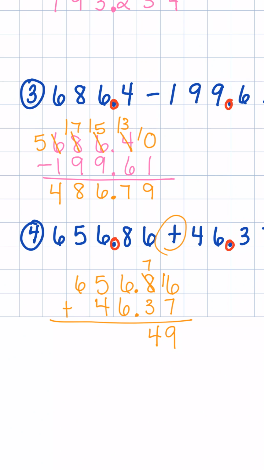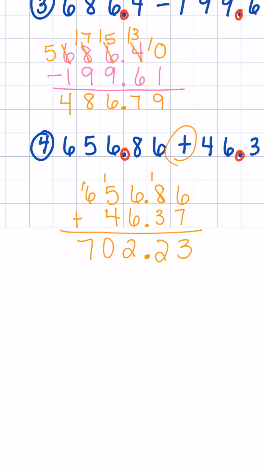Oh, after I just said that, I started subtracting. Even I make mistakes. 13, 9, 10, 11, 12, 12, 10, 7, 702, and 23 hundredths. Okay?